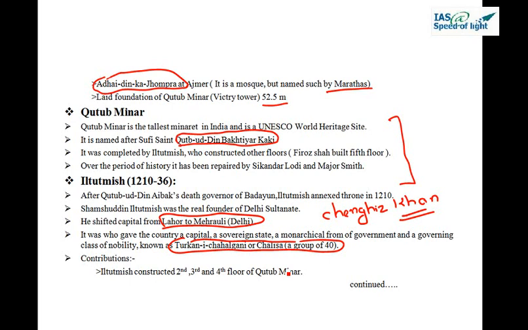Let us discuss what this Turkan-e-Chahalgani or Chalisa means. Actually, it was established by Iltutmish, a group of 40 nobles, and these Turkish nobles used to advise and help the Sultan in administrating the Sultanate.